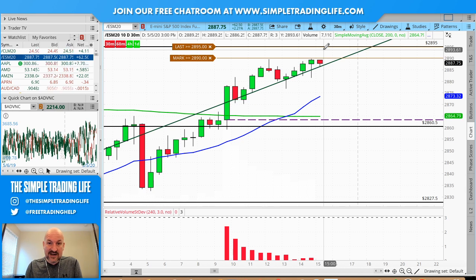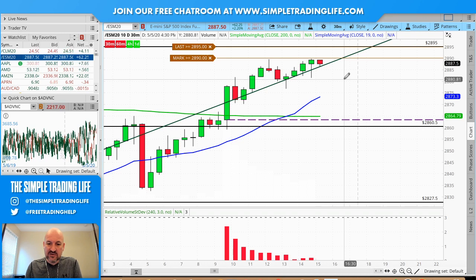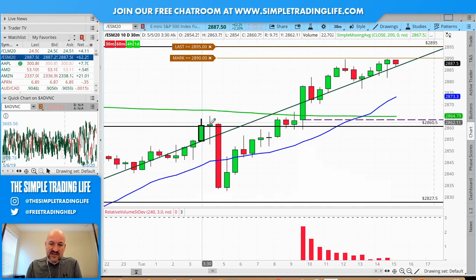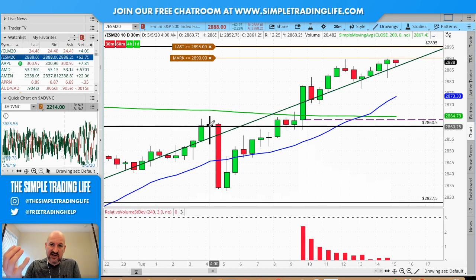Why do I look to get out slightly before? Because you don't want to see something bounce and go against you. All right, so look over here. Say somebody was going short here, and I'm just making this up, but their target was the bottom of this candle. If they tried to hold on too long, this is what happens. Boom, and a big bounce goes against you.